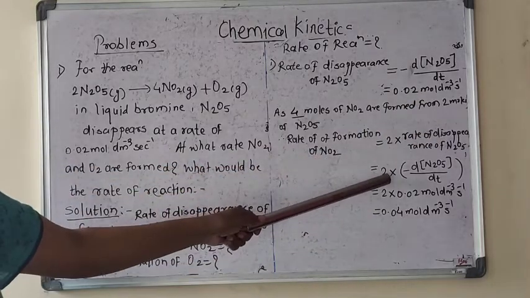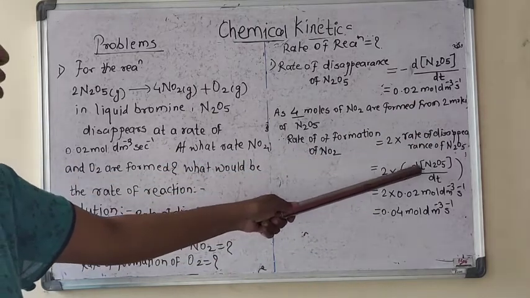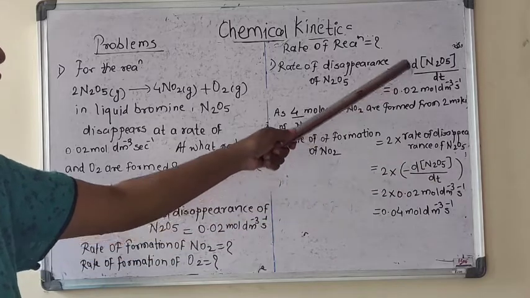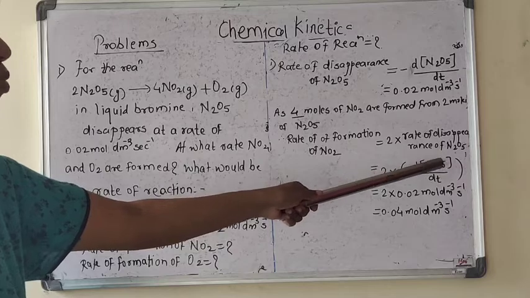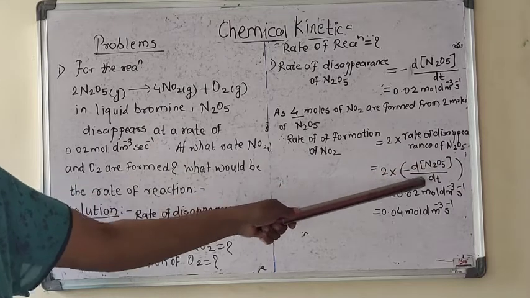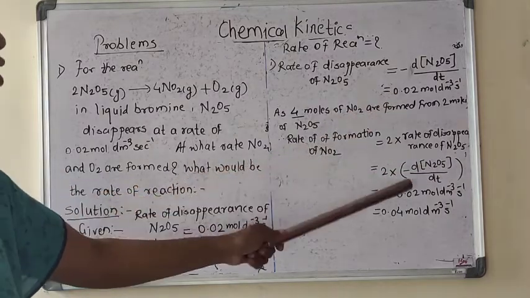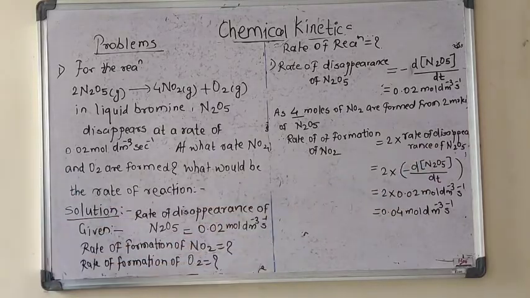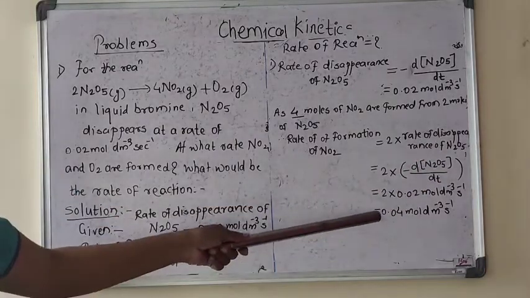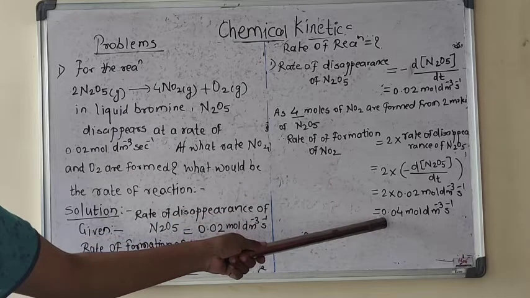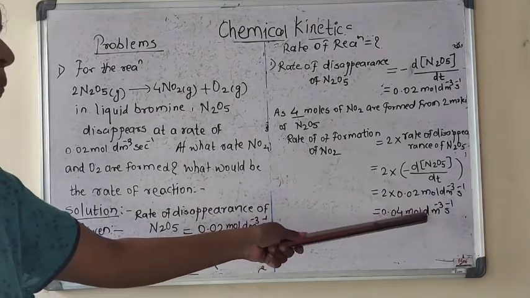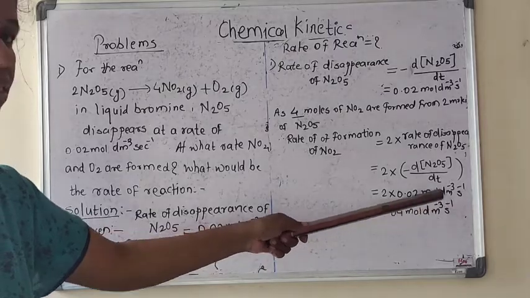So we write 2 into minus d of N2O5 upon dt, and minus d of the molar concentration of N2O5 upon dt is equal to 0.02 mole per dm cube per second, and here we get the first answer: the rate of formation of NO2 is equal to 0.04 mole per dm cube per second.